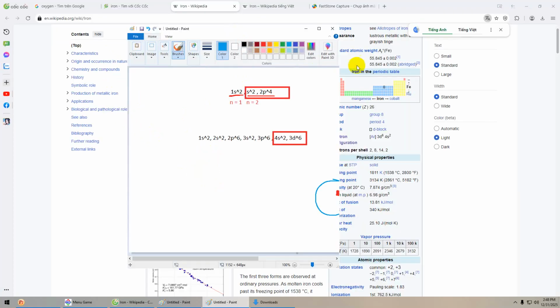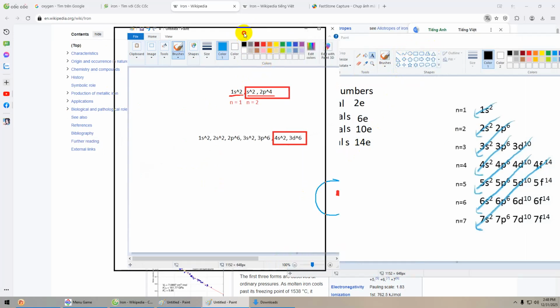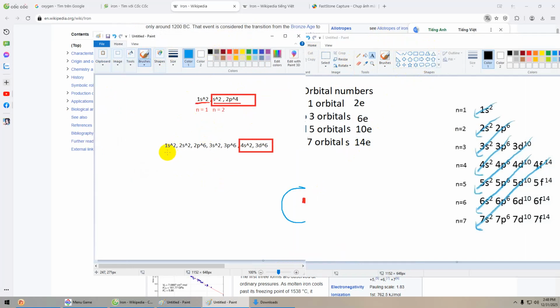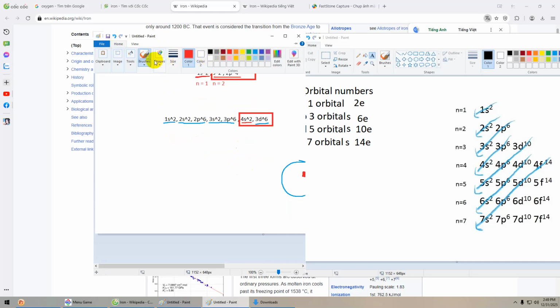So let's try to determine: here is n equal to 1, and here is n equal to 2, and here is n equal to 3, and here is the only thing that has n equal to 4.